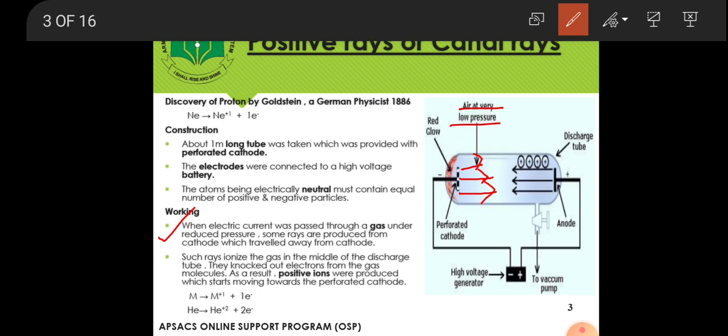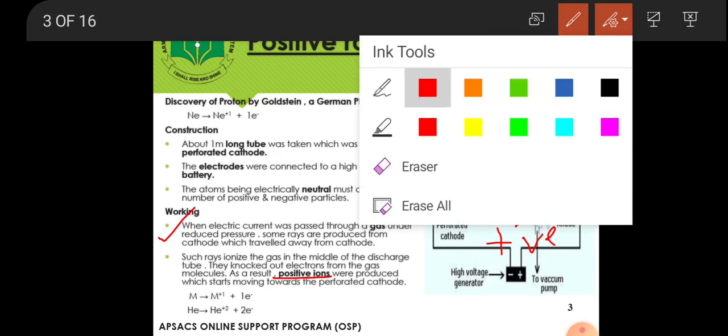These rays can ionize the gas present in the discharge tube. These rays can knock out the electrons present in the gas, and the gas is converted into a positively charged ion. So positive ions were produced.